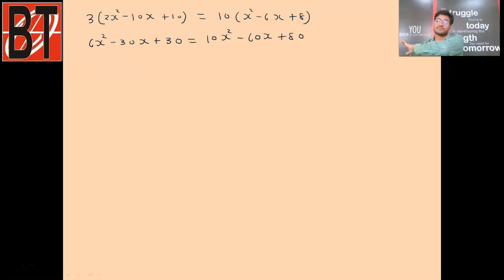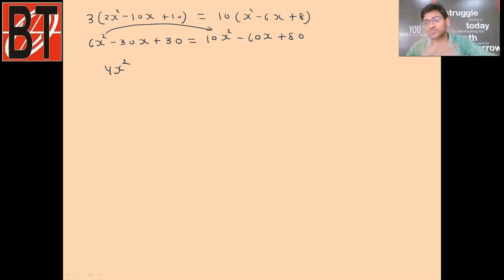Now students, writing all the terms on one side only. I am taking all these terms, 6x square minus 30x plus 30, to the right hand side. So 10x square minus 6x square will become plus 4x square. See students, carefully what I am doing, I am just transposing each term to this side.